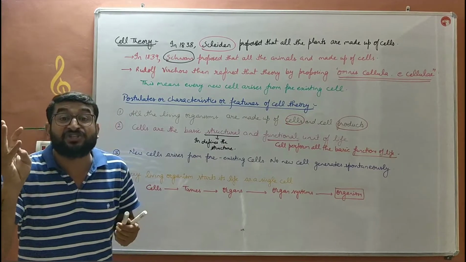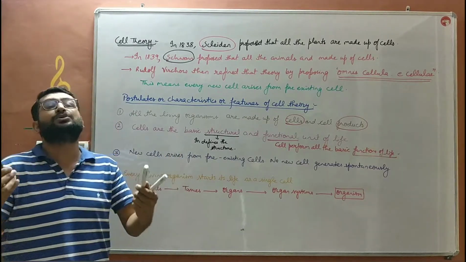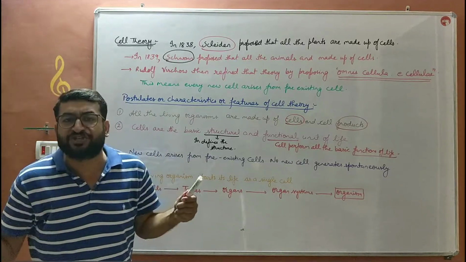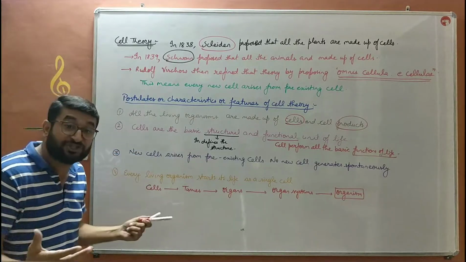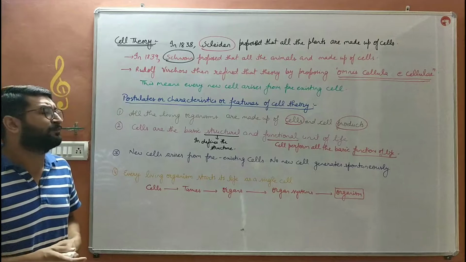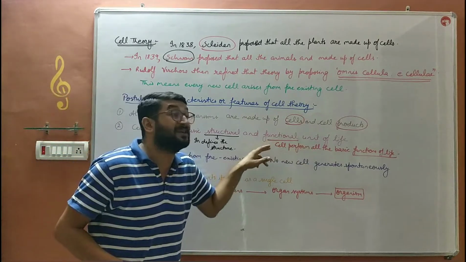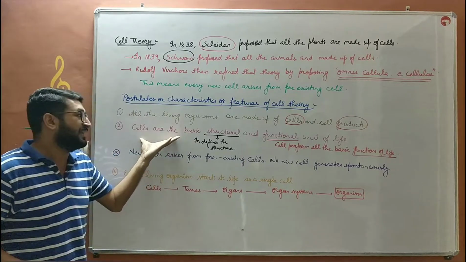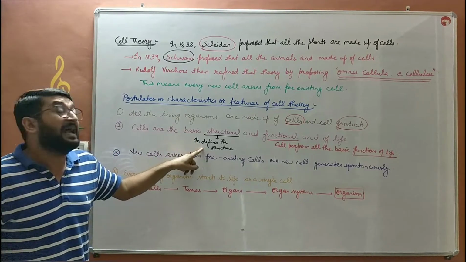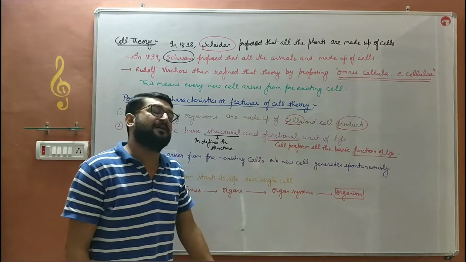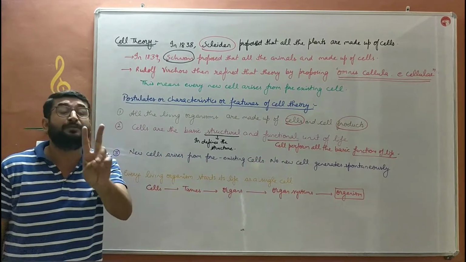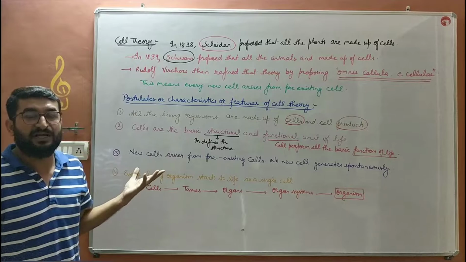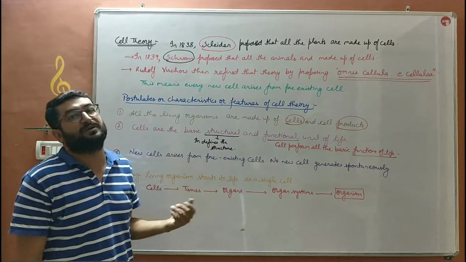Movement, respiration, sensitivity, growth, reproduction, excretion, nutrition, transportation. Those all the basic processes of life are performed by a single cell also. That is why cell is referred to as basic structural and functional unit of life. That is the second postulate of cell theory. Second characteristic of cell theory.